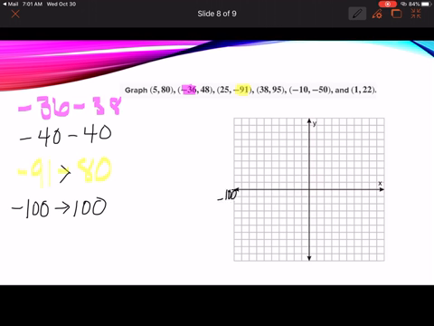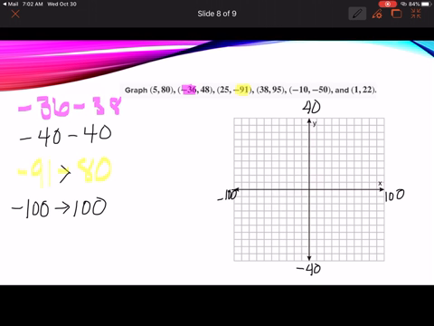So I would just write that over here. So then we're just going to graph that. And your x values are going to go by 20s. And then your y values will go by 5s.